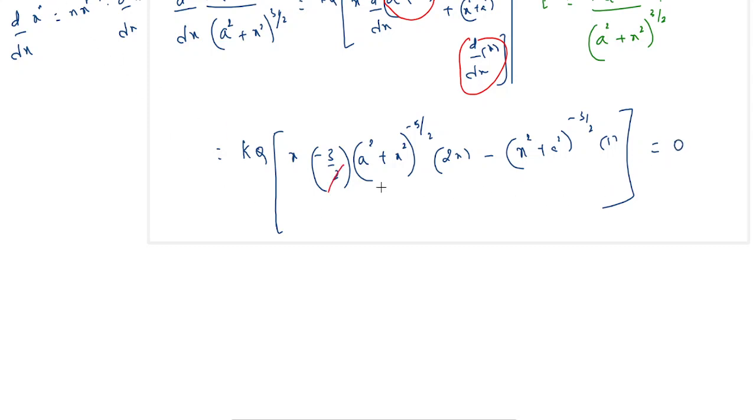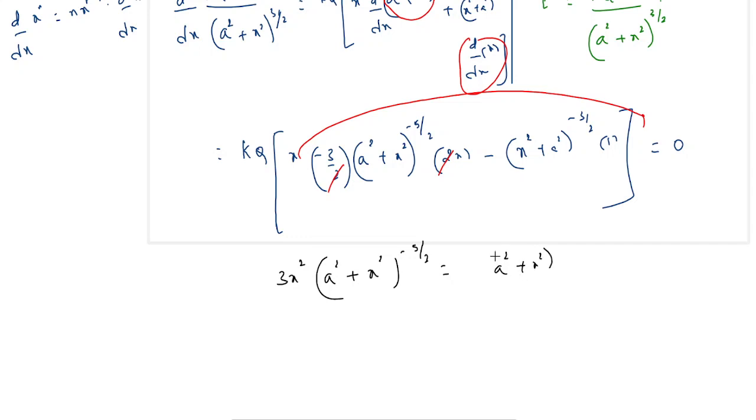Now from here you can cancel 2 and bring this term to the right side. Then what you get would be, even kq would be 0. So there's 3, there is x square. So 3x square, and then write this as (a square plus x square) power minus 5 by 2 is equal to (a square plus x square) power minus 3 by 2. From here 1 minus 3 by 2 gets cancelled. So what remains here would be 3x square. To bring this side, it becomes a square plus x square.